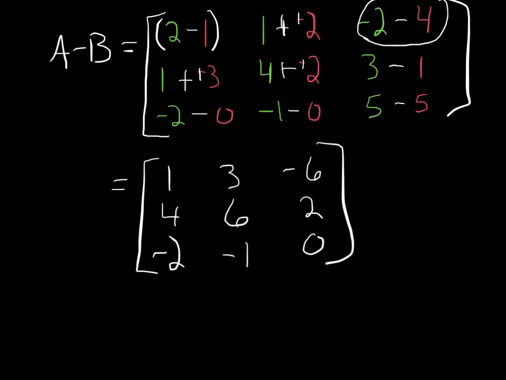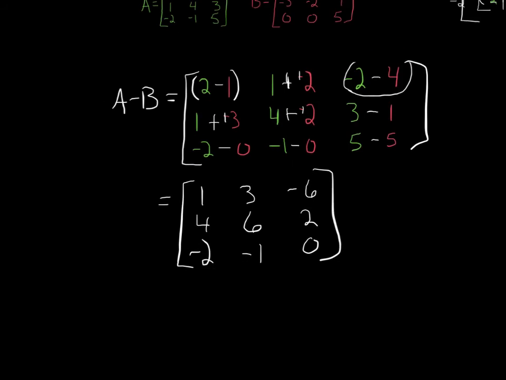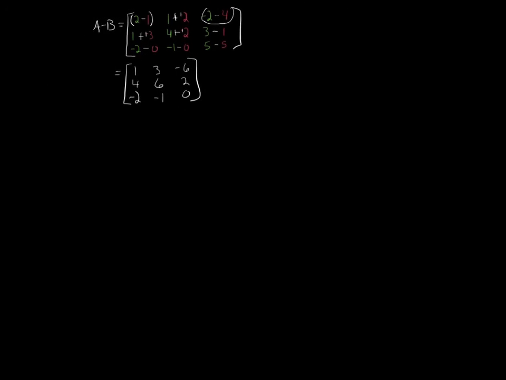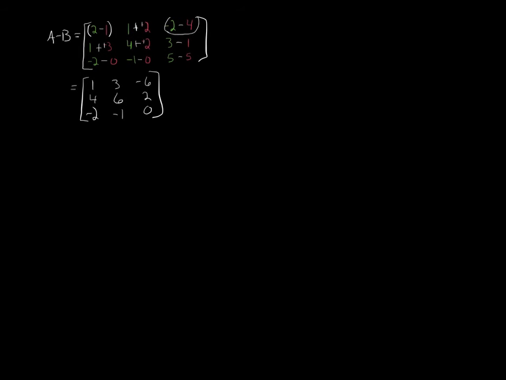Now, we said addition is commutative, so if we changed the order, A plus B and B plus A are the same thing. Would we get the same with B minus A? Here's the question: does A minus B equal B minus A?